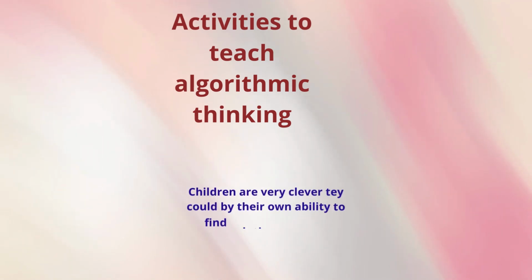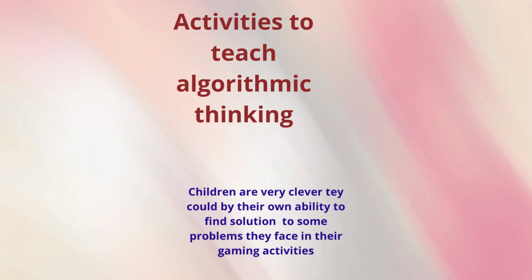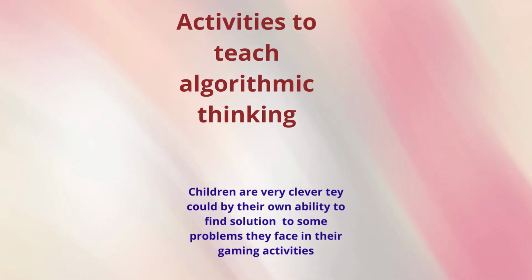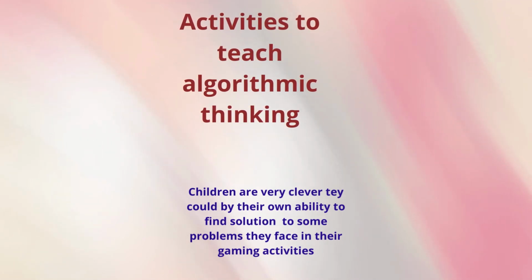The third axis of our project was about activities to teach algorithmic thinking at home. In this axis, we are going to discuss some activities. Our kids are very intelligent owing to technological tools that they use at a very early age.